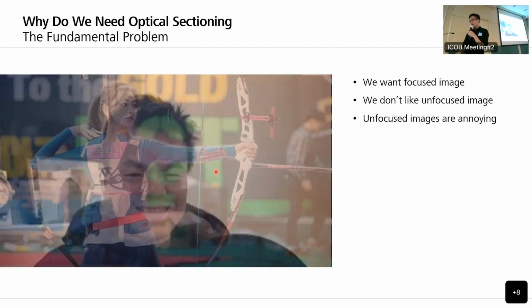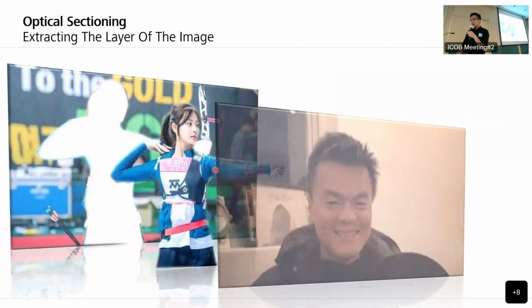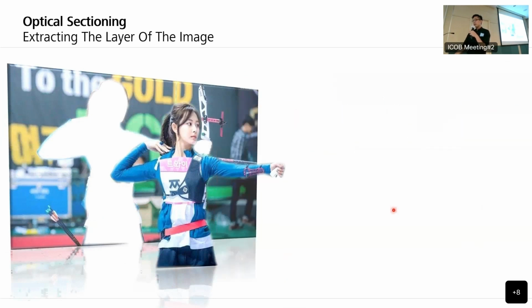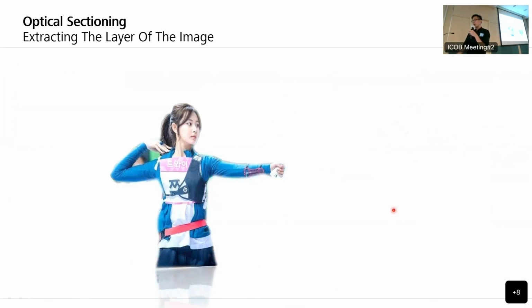So this is our sample in the focal plane, but we don't want the out of focus signals, underneath our samples or just outside our sample. So we want to try to collect only this part.